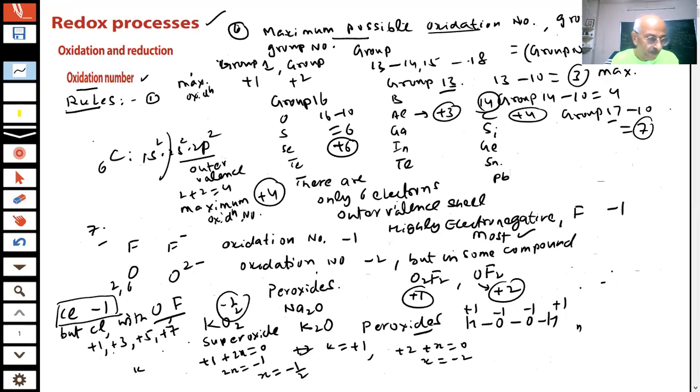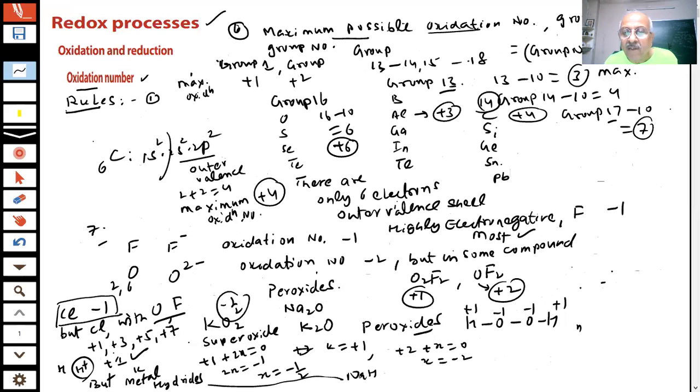Noted? Okay. Hydrogen, we are saying, hydrogen is usually H+, means +1. Hydrogen is +1, but in hydrides, metal hydrides, student. For example, if I write NaH, sodium is a metal.